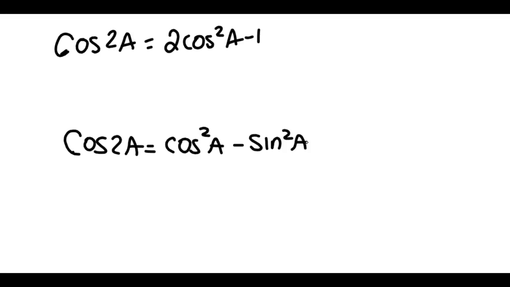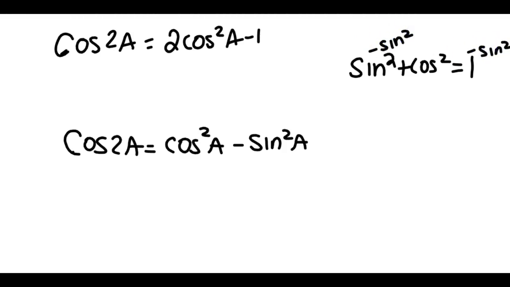And do you guys remember that one identity that was like sine squared plus cos squared equals 1? It was called the Pythagorean identity. We had it in 6.1. Okay, so remember we can manipulate that. We can make it cos squared by just subtracting away the sine squared. So then it would look like cos squared is equal to 1 minus sine squared.